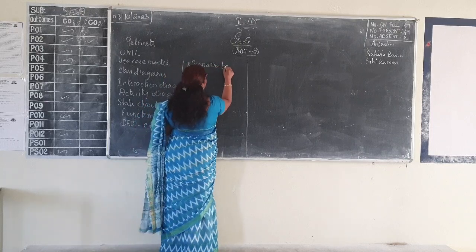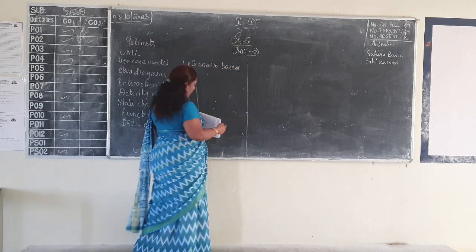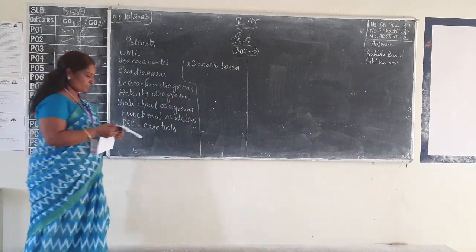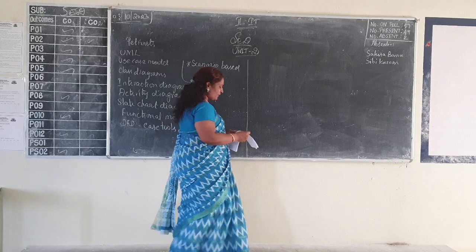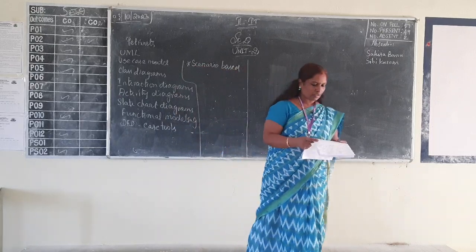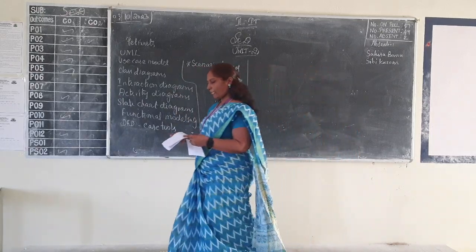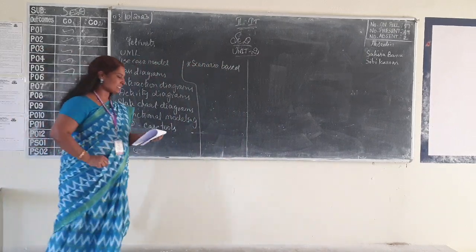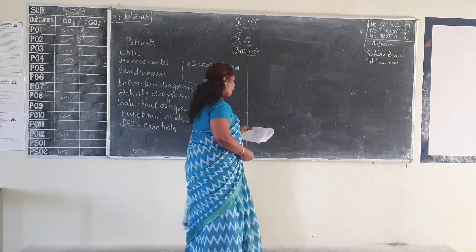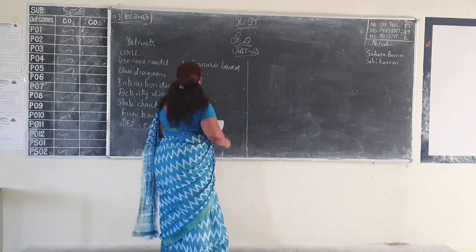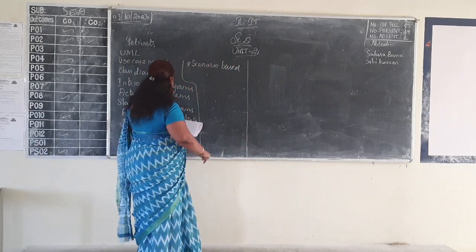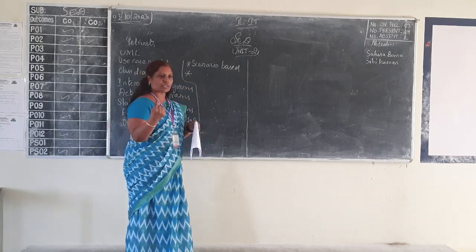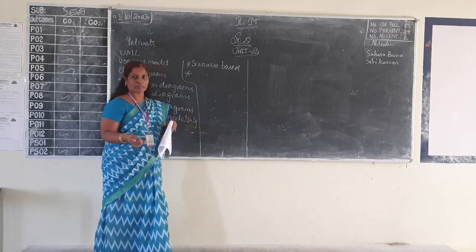Take down: requirements modeling, action, results, in one or more of the following types of model. You may take only one model or more than one model also.